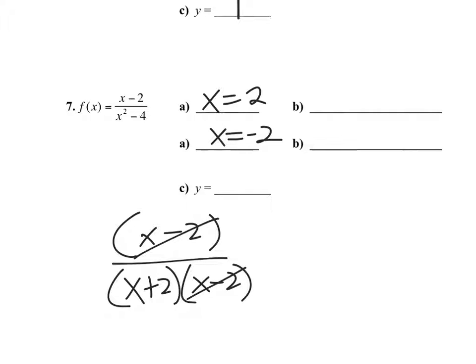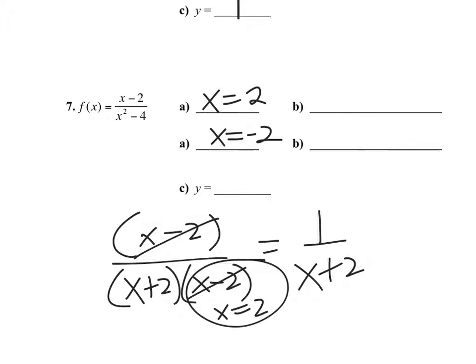You get 1 over x plus 2. So at x equals 2, that's a removable. It's a removable. Don't get these mixed up. What do you think x equals negative 2 is? Infinite. Yeah, it's going to be a vertical asymptote there.